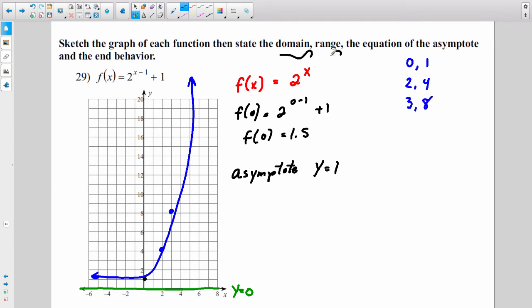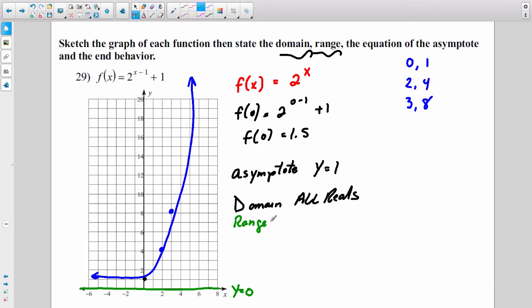The domain and the range. Okay, well the domain is going to be all real numbers because this graph is unrestricted. It goes all the way to the left, and even though it's aggressively heading northbound, the general tendency of this graph is to be heading northeast. I could put any value of x I wanted into this function. It would just be a gigantic number. So the domain is all reals. Now range is the y-axis, right?